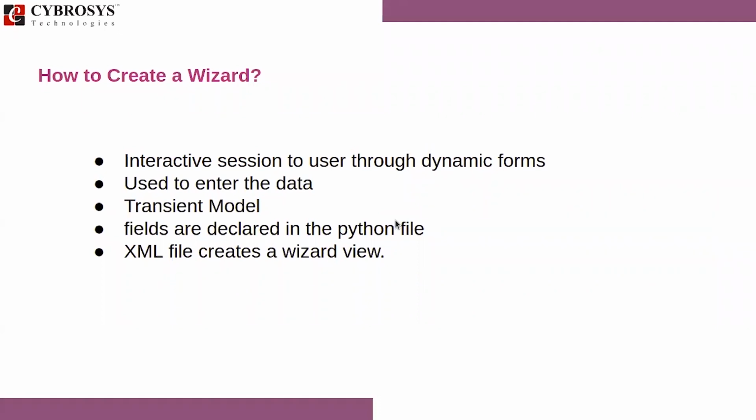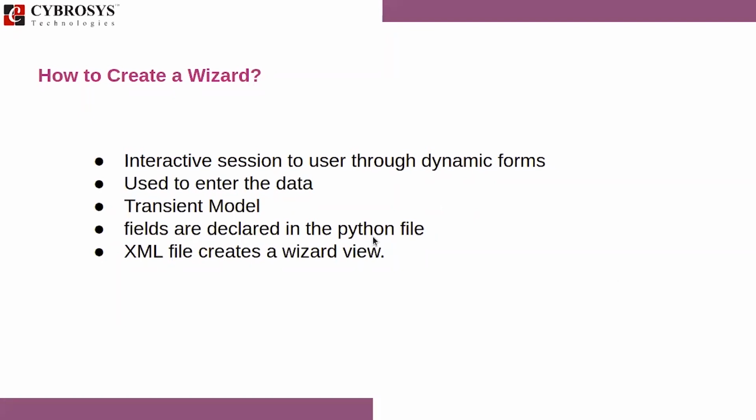Okay, as it said, it's a transient. While coming to the wizard, it's a transient model. So for creating a wizard, we'll be using the model TransientModel class. This is different from the normal models that we are using, except that the transient models are periodically cleaned up in the database, hence the name transient.